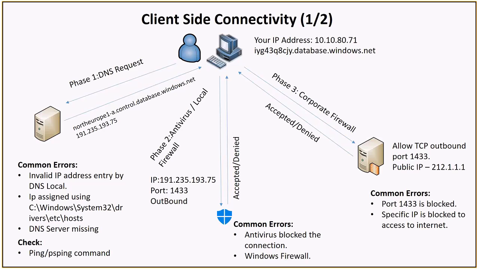If these two are not allowed or defined, the common errors for this phase are that port 1433 is blocked, or a specific IP is blocked from accessing the internet. In this case, we recommend checking the network trace, and for the 1433 SQL port, using the port query user interface to check if it's listening or filtered.